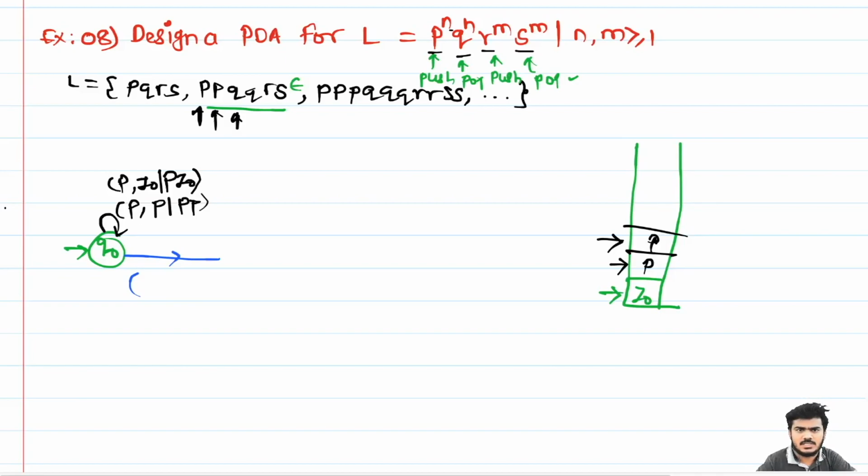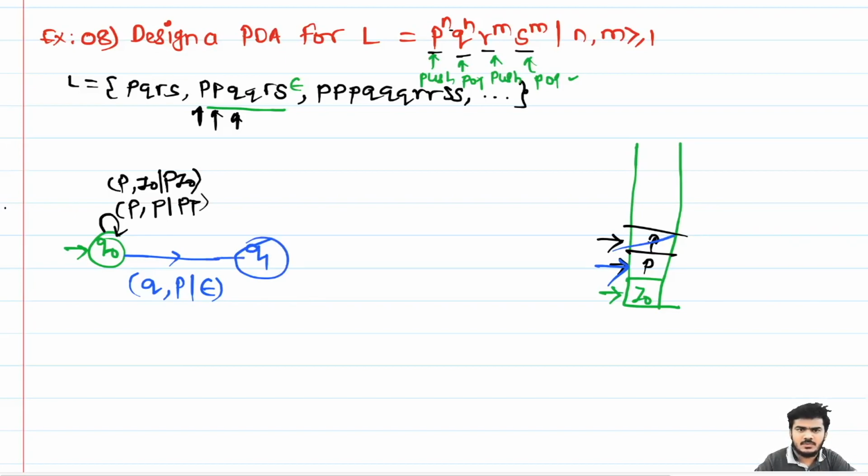That's why we are changing the state. So q is the next input and p is the top of the stack, so I have to pop it. For this q I have popped this p and updated the top pointer. Now the top pointer moves here, and now I am in the q1 state.